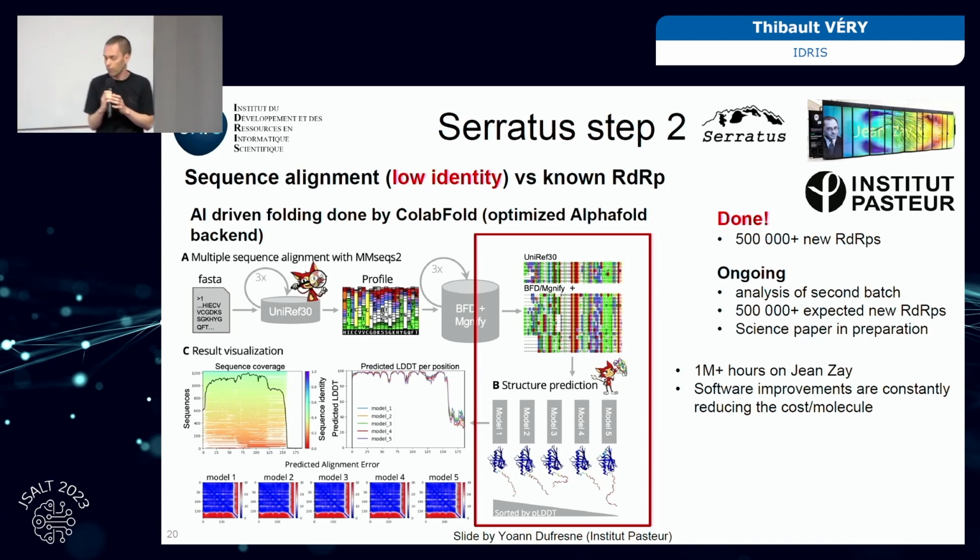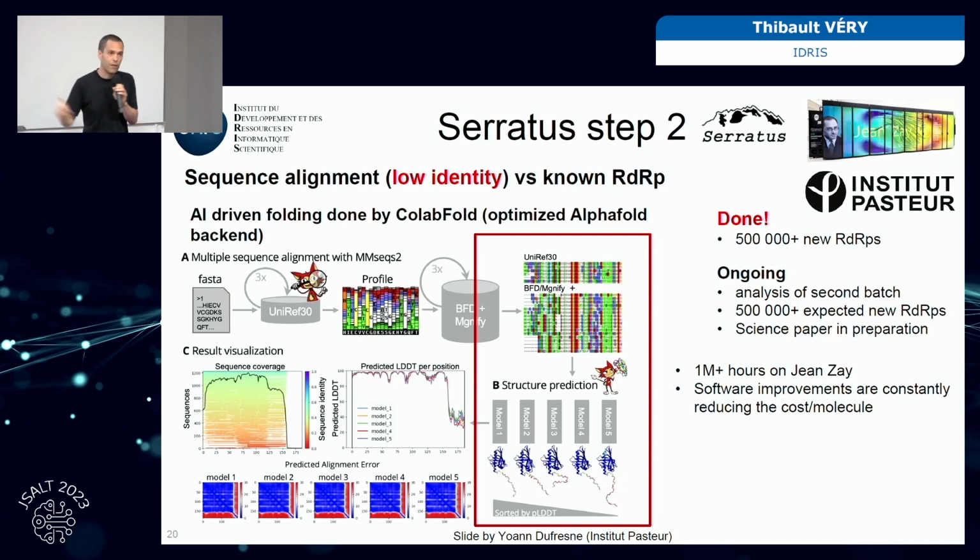So what they did is to again screen the database, but this time they had to perform the computation with AlphaFold. They used ColabFold because it was faster. But at the end, it was AlphaFold in the back end.